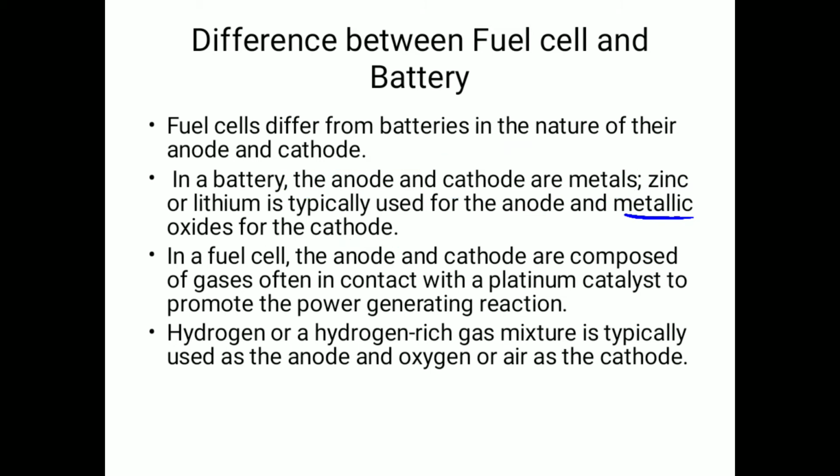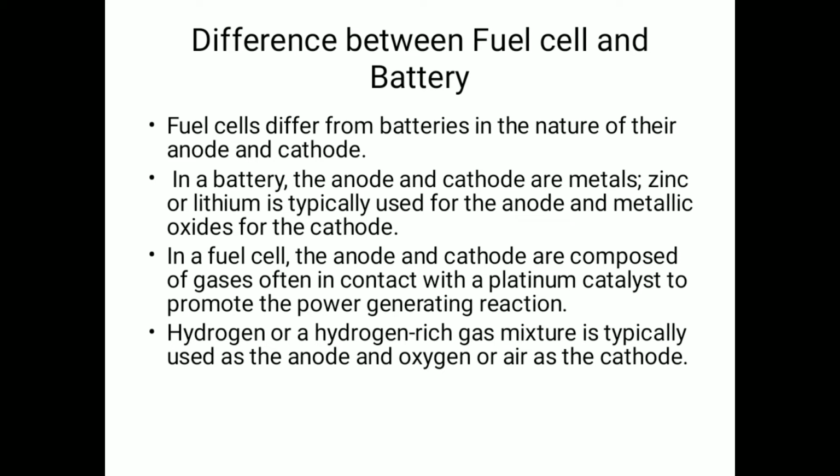But in a fuel cell, the anode and cathode are composed of gases. They are made from gases, often in contact, and we also use a catalyst like platinum or some other catalyst to speed up the reaction, and through that electricity can be generated.